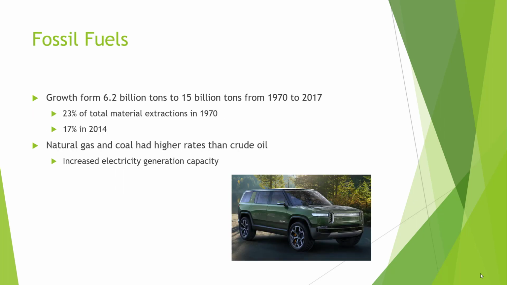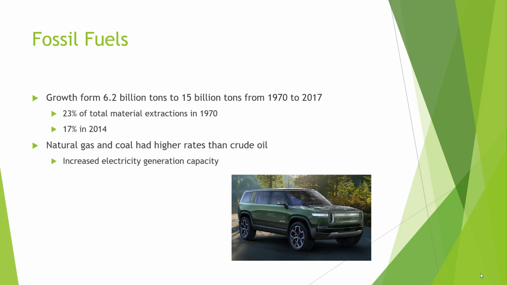Fossil fuels grew from 6.2 billion tons to 15 billion tons from 1970 to 2017. This equals 23% of the total materials extracted in 1970. We've reduced that by 6% in 2014. That's really good.